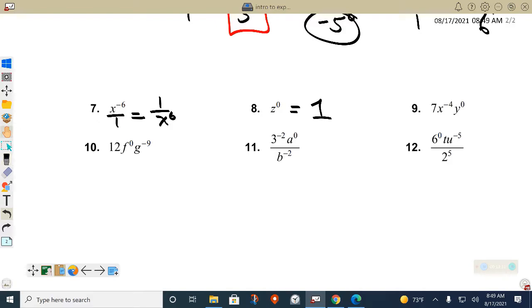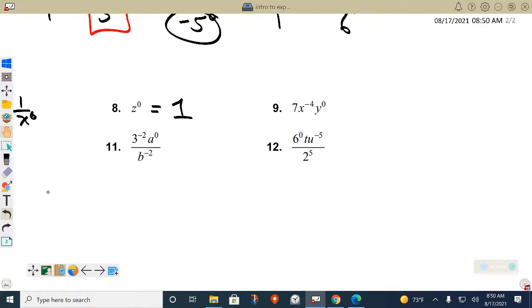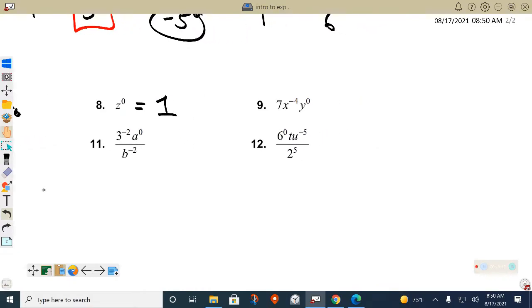9 is a combination of stuff. We've got to be careful here now. Here we go. Let me rewrite this, but I'm going to rewrite the y to the 0 power is 1 now. This is really 7 times x to the negative 4 times 1.